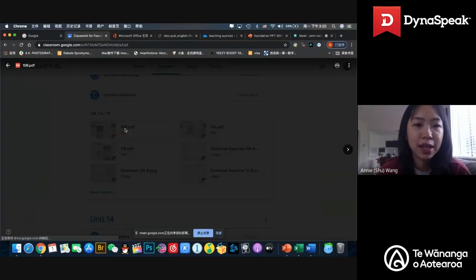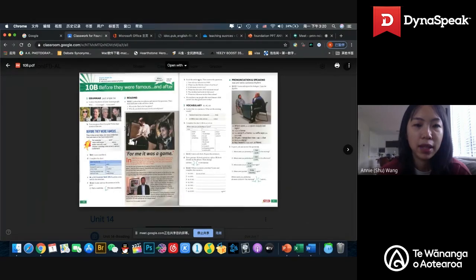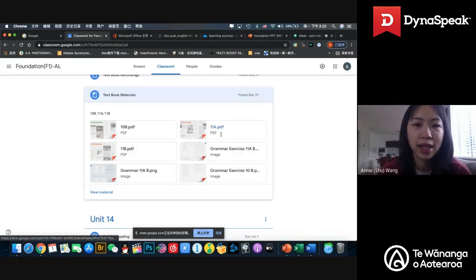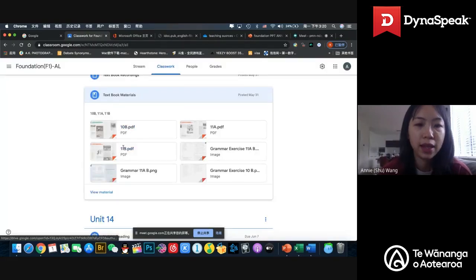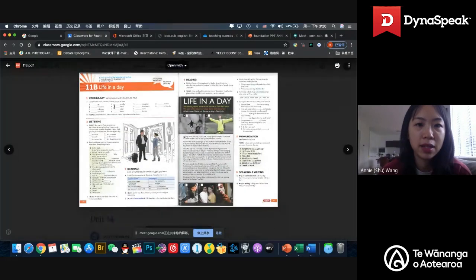So 10B, this unit is about past form of be verb, and 11A is about past form of most regular verbs, and 11B, this unit is about past form of irregular verbs.